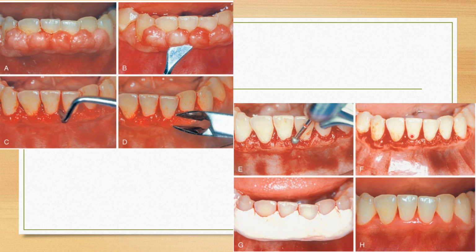This is the immediate picture after the procedure, and the COE-PAK has been given. You can see the difference from pre-operative to post-operative. Ideally, the gingival contouring has been done and a healthy gingival sulcus has been established.